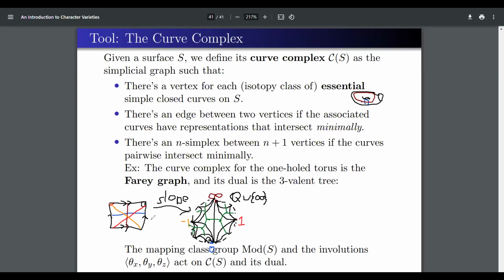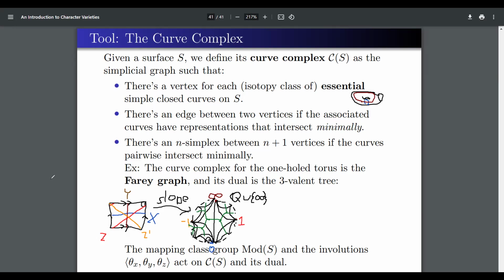So the horizontal curve is X, the vertical curve is Y, just as before, and this diagonal curve is Z, and the other is Z prime, which was orange. Now, depending on how we orient x and y, z can in fact be y inverse x inverse, as way back when we talked about embedding the character variety as C3.